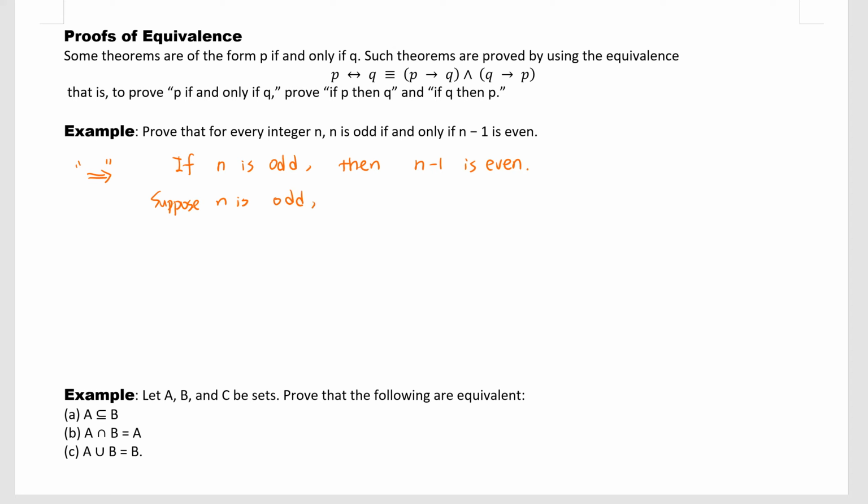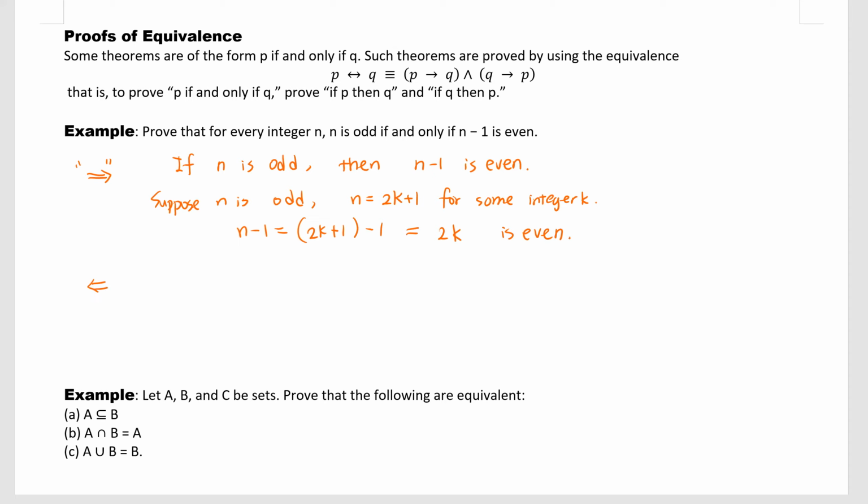What does that mean by definition of odd? n equals 2k plus 1 for some integer k. Right? Then what is n minus 1? Well, that's 2k plus 1, then minus 1. The 1 cancels, so we get 2k. Because k is an integer, this is even. So now we have shown that n minus 1 is even.